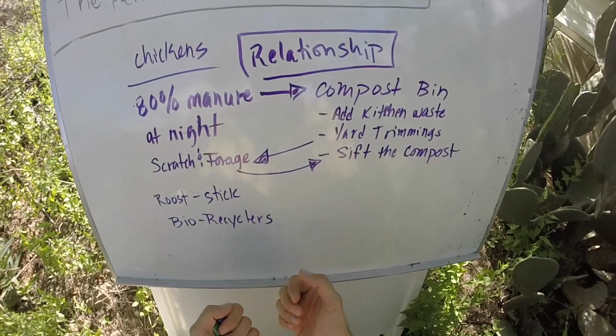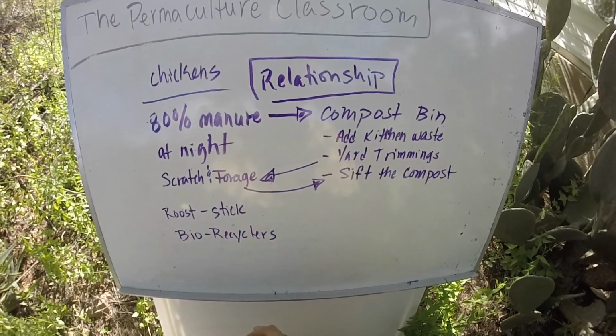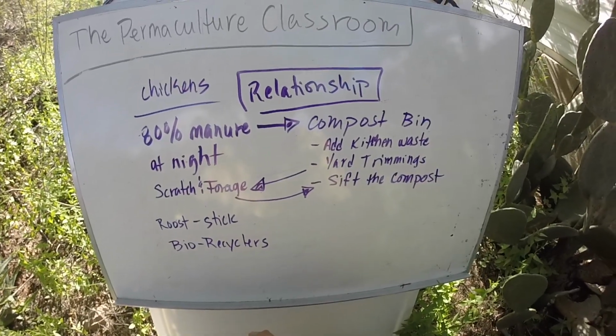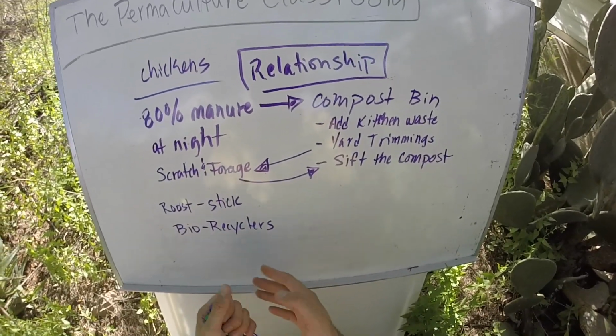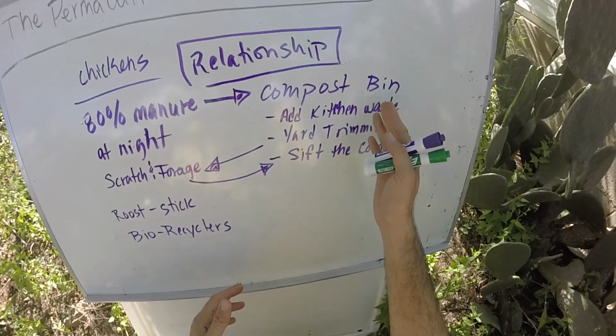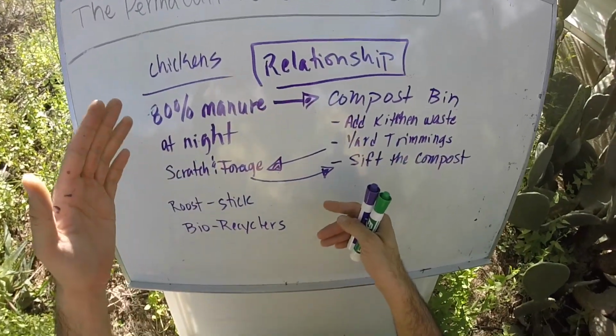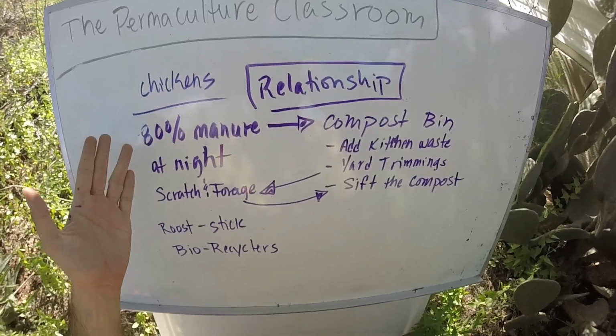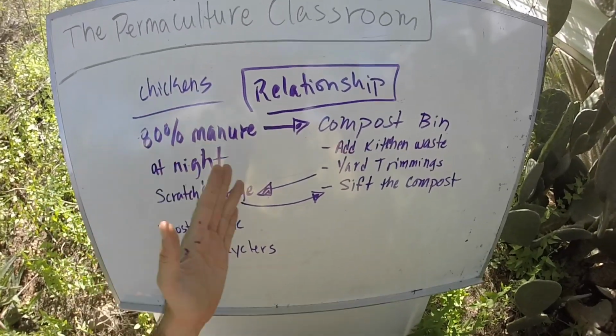The main thing we gotta do is make sure we're adding kitchen scraps in there, making sure they have another source of feed, water, and clean it up every once in a while when we go and turn our bin. Clean up the rest of the floor, the bedding on the rest of the floor that is in the compost bin.